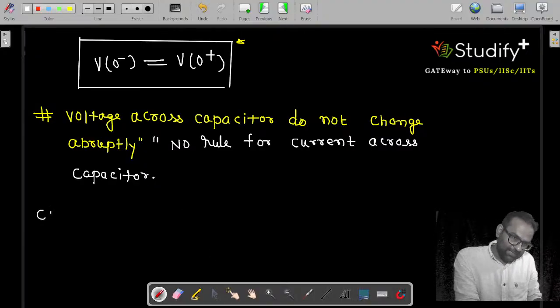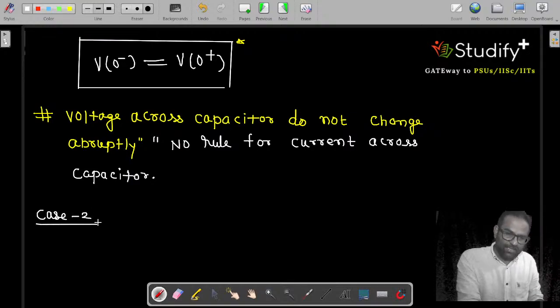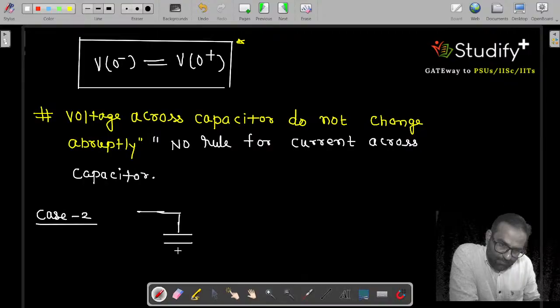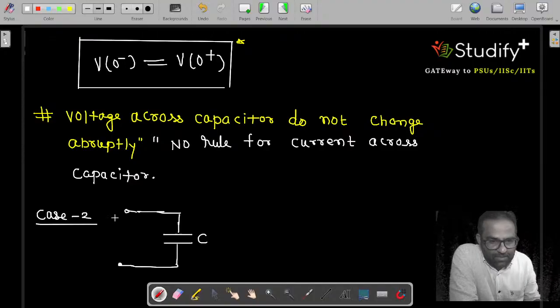This is case number 2. Let's say we have one capacitor. The capacitance is C farad.